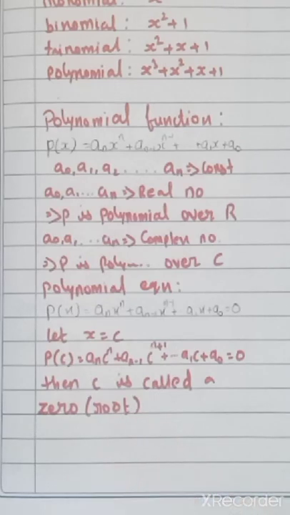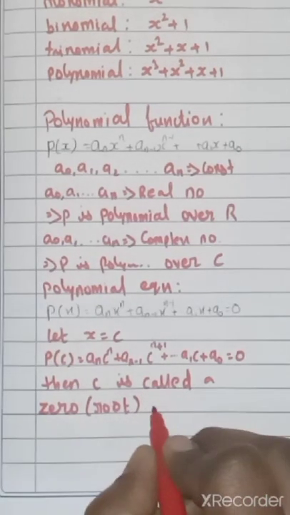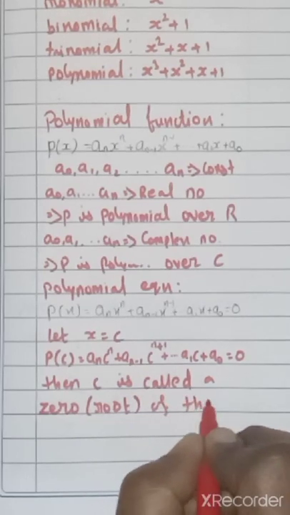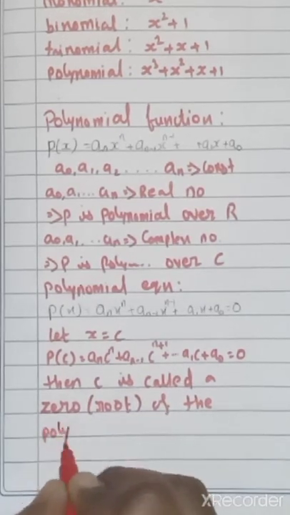Then c is called a zero or root of the polynomial.